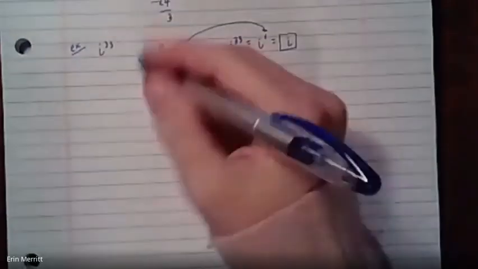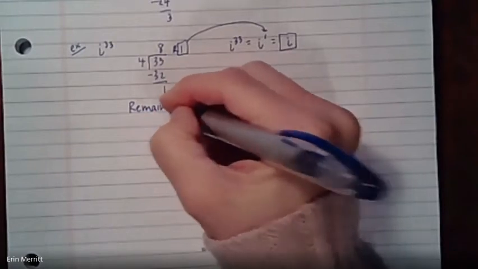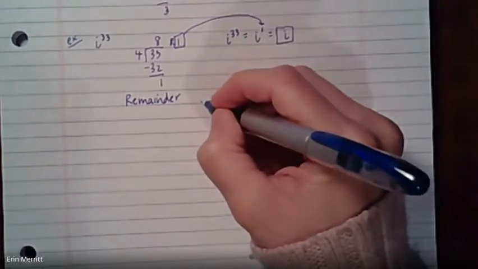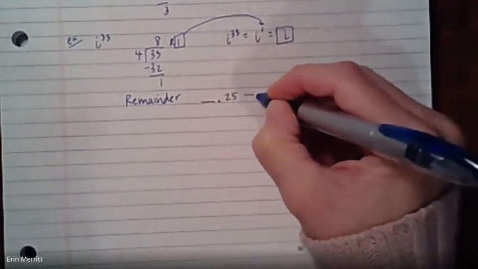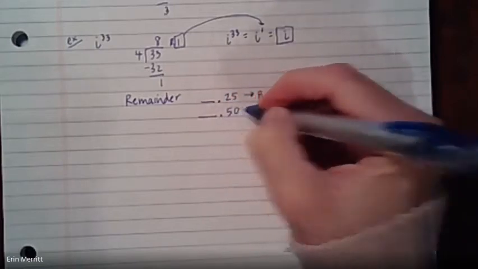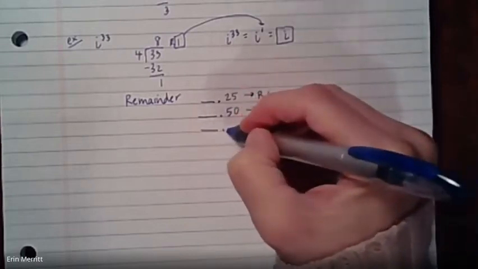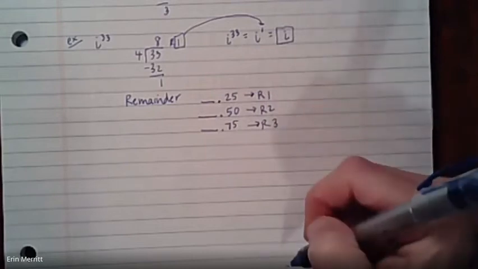Right? So if you want to divide on your calculator and not longhand, which I don't blame you, what you have to think of is if I get a remainder of 0.25, that's the same as a remainder of 1. If I get 0.5 or 0.50, that's the same as a remainder of 2. If I get 0.75, that would be a remainder of 3, right?